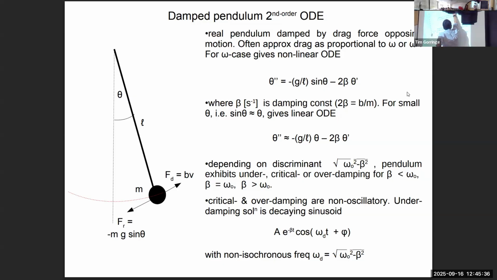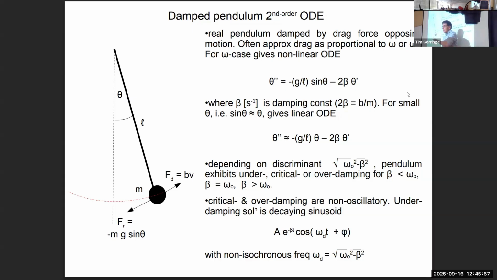So going upstairs here, I've added, in addition to the differential equation we built out of the law of motion and the force of gravity, an additional term, which is the drag force.